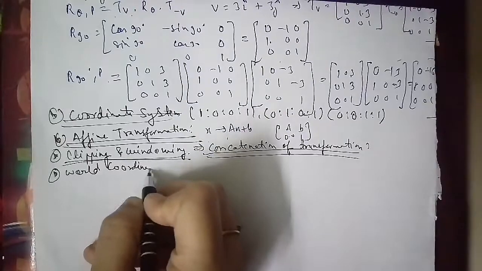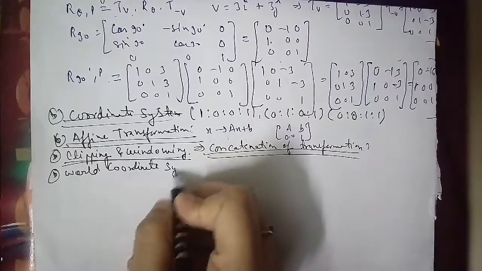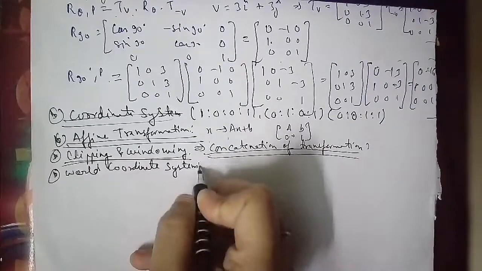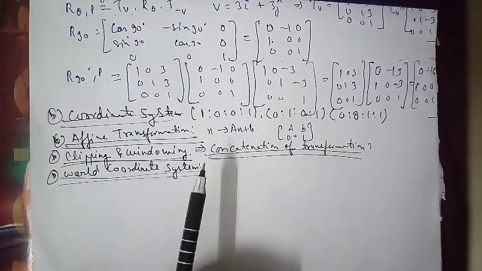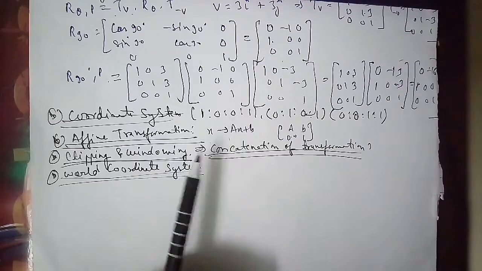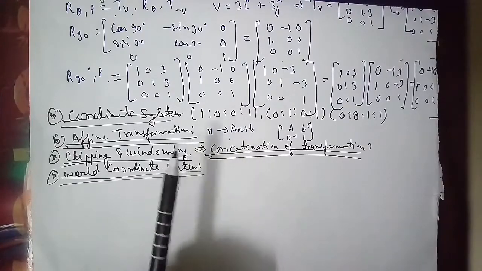The world coordinate system is a space in which the picture is defined, and a rectangular window with its edges parallel to the axes of the world coordinate system is used to select a portion of the scene for which an image is to be generated.